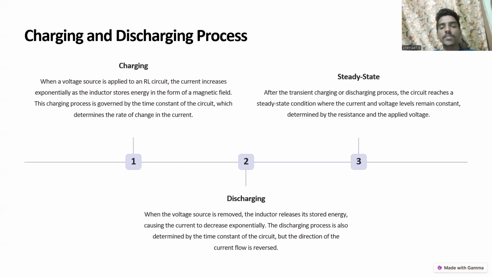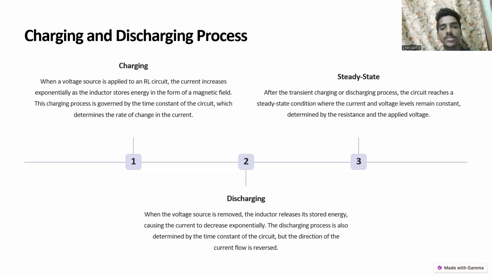Charging and discharging process. So there are three types: charging, steady state, and discharging. In charging, when a voltage source is applied to an RL circuit, the current increases exponentially as the inductor stores energy in the form of a magnetic field.